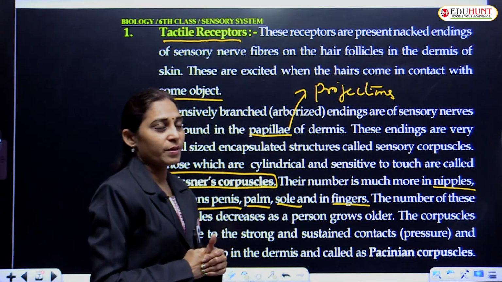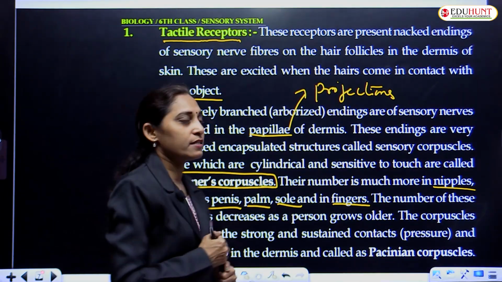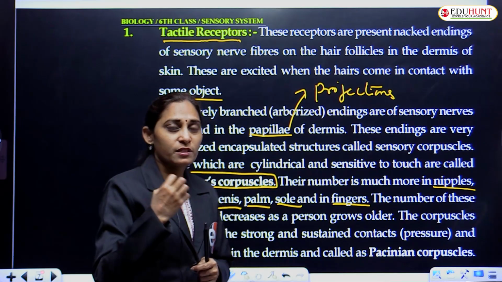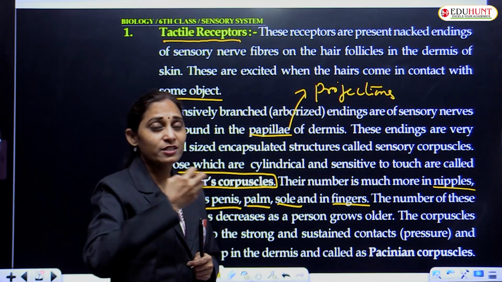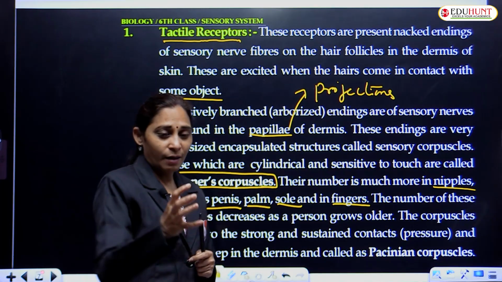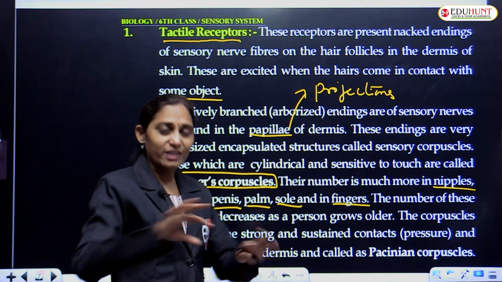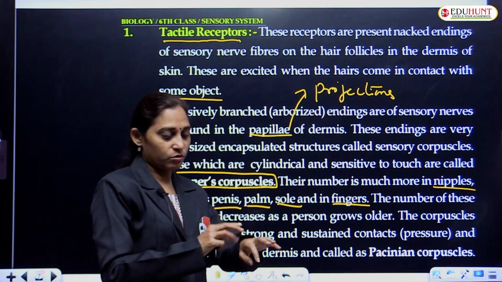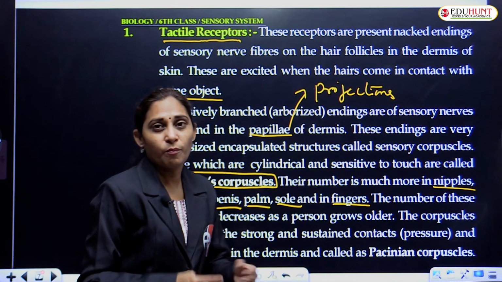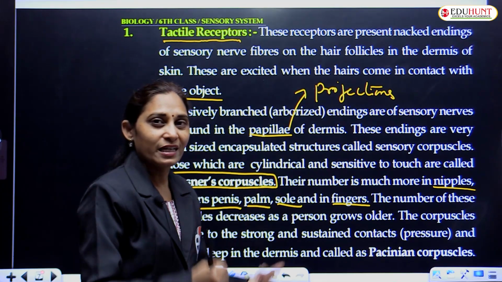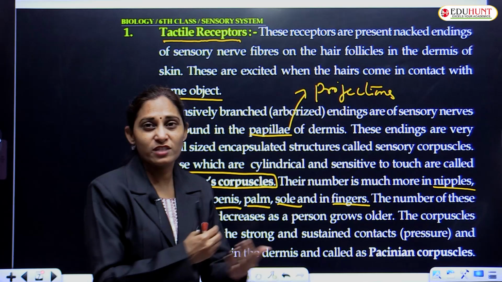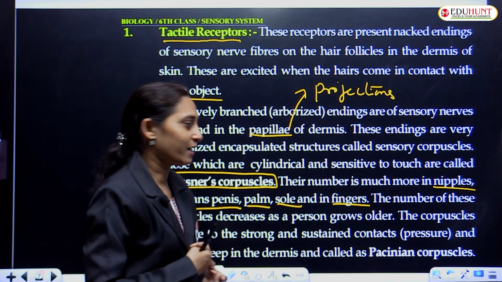Reason is, as they become older, the number of corpuscles ante they have in connection with the nerve fibers. Number of corpuscles తగ్గిపోతే nerve fibers reach అయ్యే places కూడా తగ్గిపోతాయి. So the transmission of these signals, the stimuli, will be decreased.